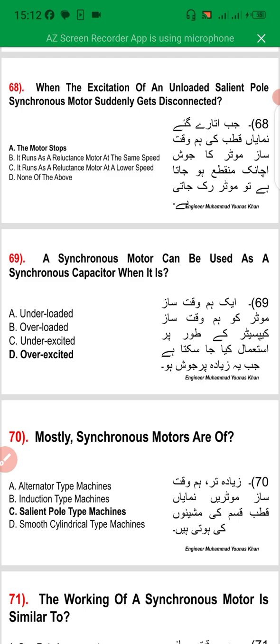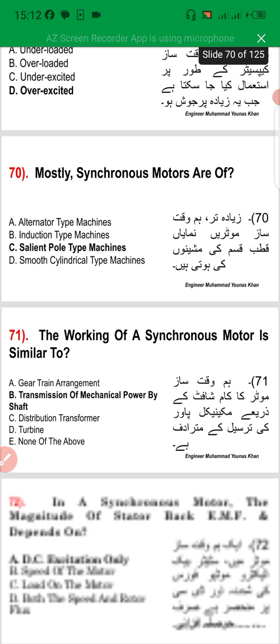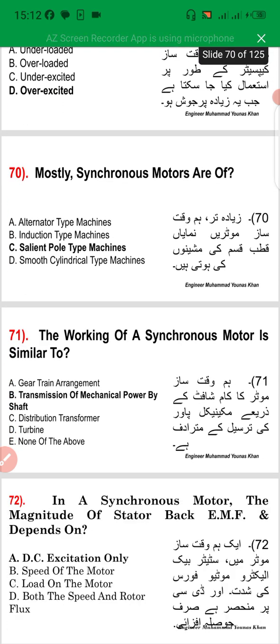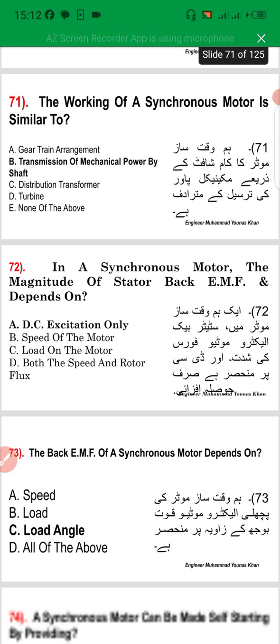A synchronous motor can be used as a synchronous capacitor when it is overexcited. Mostly synchronous motors are of salient pole type machines. The working of a synchronous motor is similar to transmission of mechanical power by shaft.